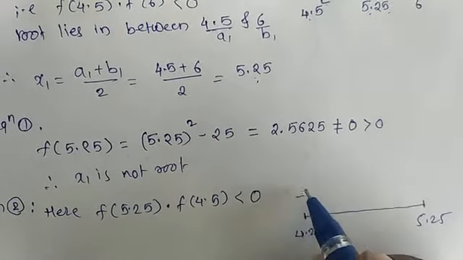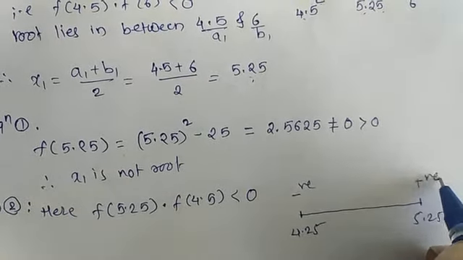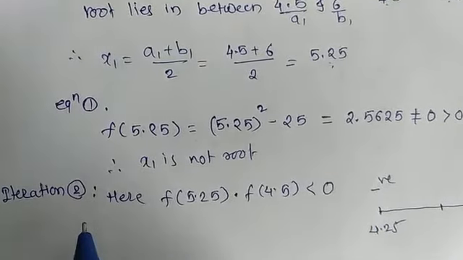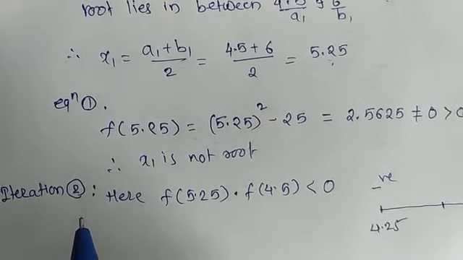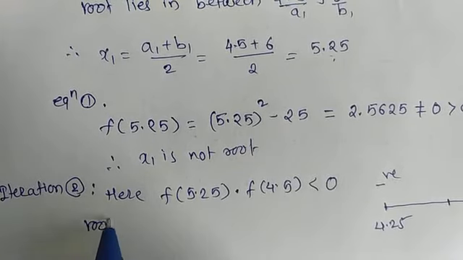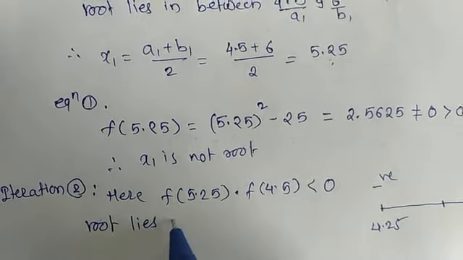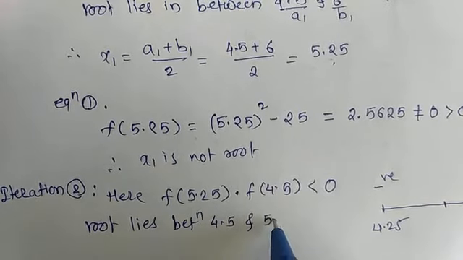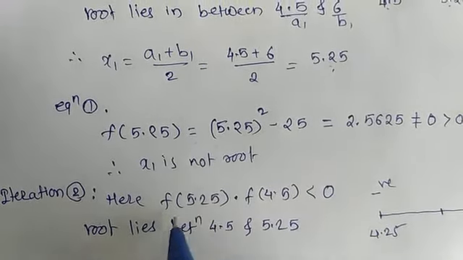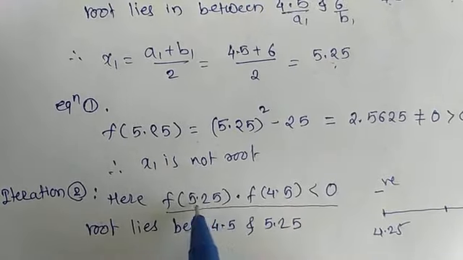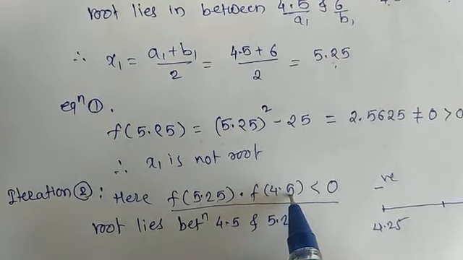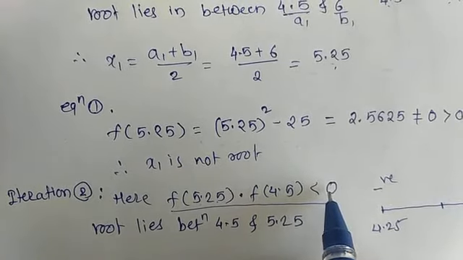Here it is negative and here it is positive. So we have to take the next midpoint of these two. The root lies between 4.5 and 5.25. This satisfies the condition f of 5.25 and f of 4.5 is less than 0, which have opposite signs.